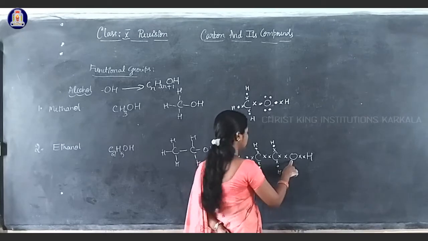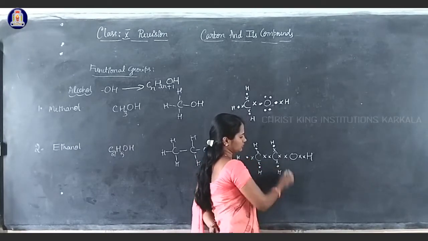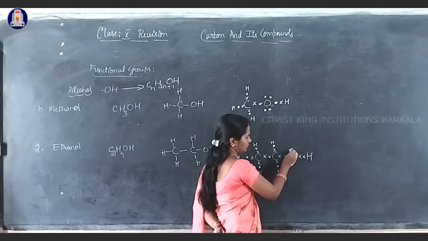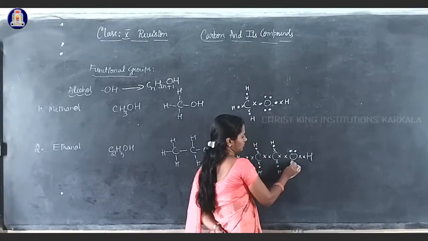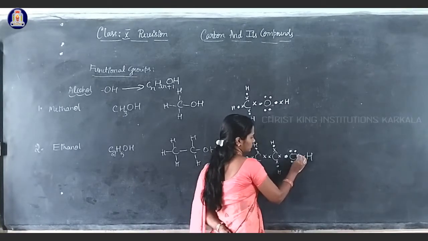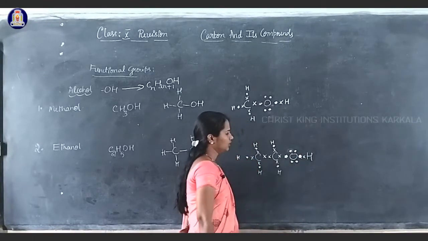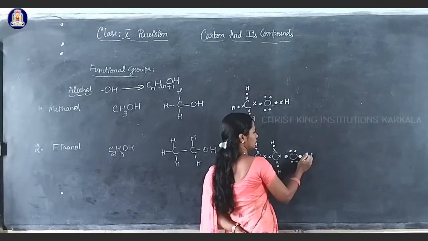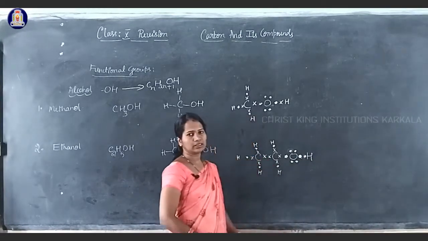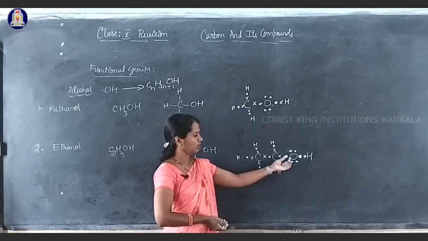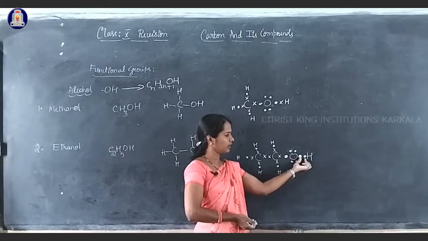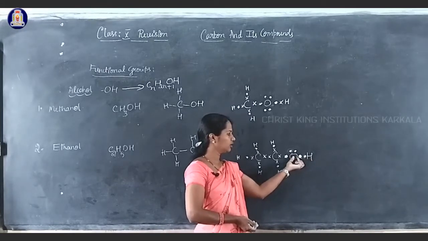This oxygen contains 6 electrons, so I write dots: 1, 2, 3, 4, 5, 6. Hydrogen also I write the electron using a dot, no problem. You can use a cross also, any way you can represent it, but between oxygen and carbon there is a pair of electrons shared, and a pair of electrons shared between hydrogen and oxygen.